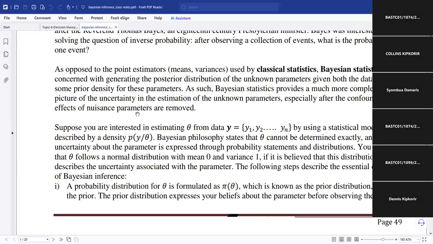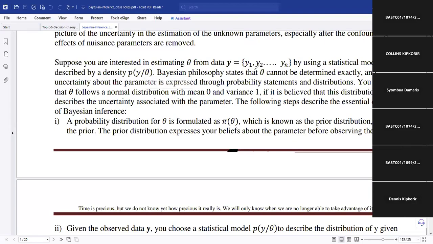So suppose we are interested in doing an estimation of a parameter theta. So we're estimating some parameter theta from some given data y. So it is a y vector, meaning it is composed of y1, y2 to yn observations, by using a statistical model that is defined to be the probability density, that is, y given theta.